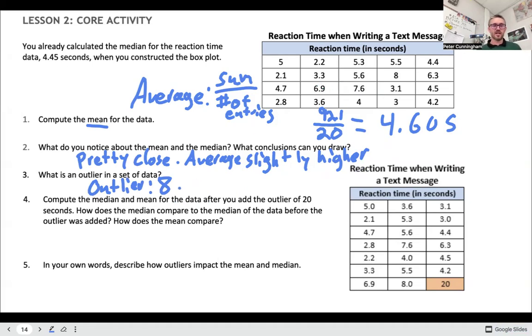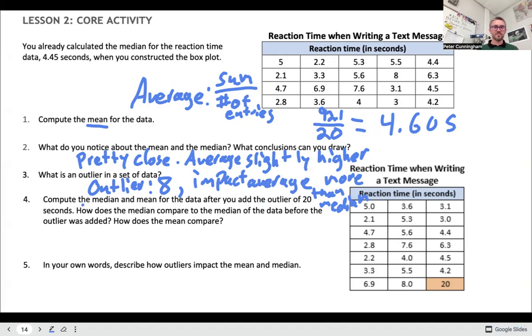And the outlier is going to impact the average more than the median. So that average got pulled a little higher, not much higher. 4.605 isn't that much higher than 4.45, but it got pulled a little higher than the other data.